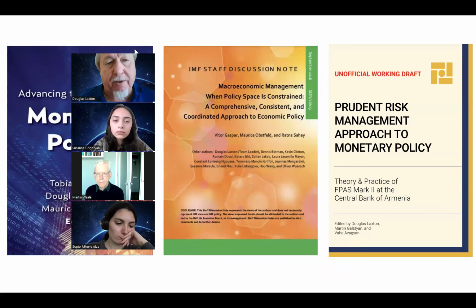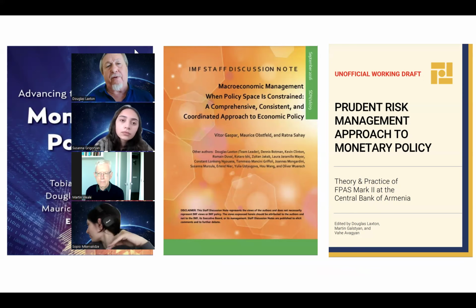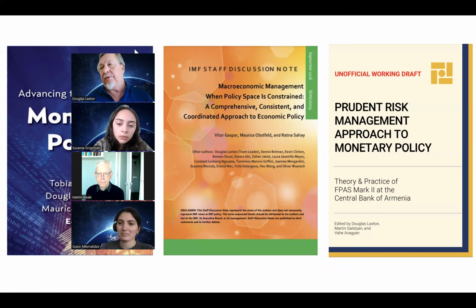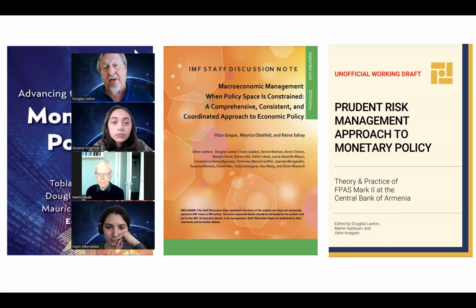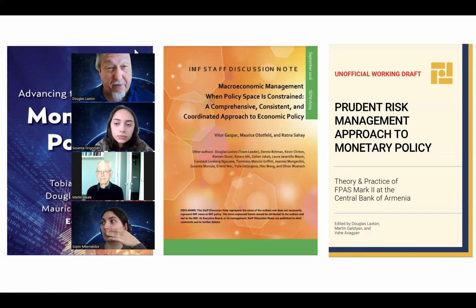When we produced this book, that whole framework, FPass Mark II, in 15 months, we had weekly discussions with a lot of world famous economists, the best of the best that had been involved in creating these monetary policy frameworks, and got feedback from them.